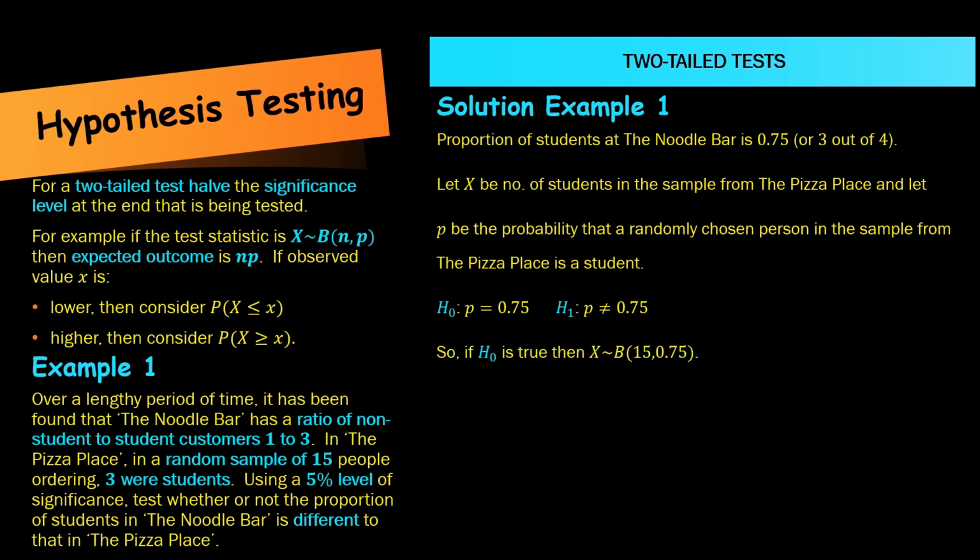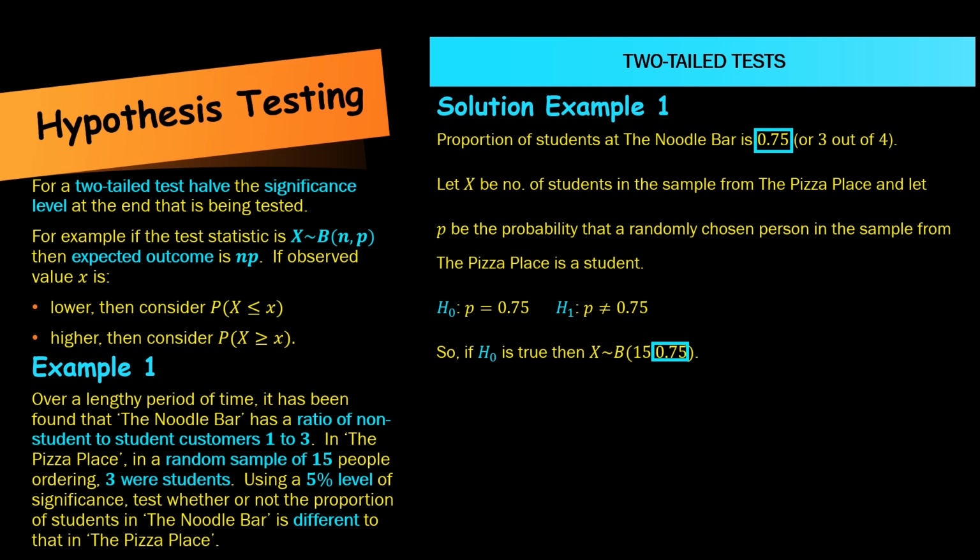So if H0, the null hypothesis, is true, then X is distributed binomially with n equal to 15 and p equal to 0.75. We have a sample of 15 people and a proportion of 0.75.